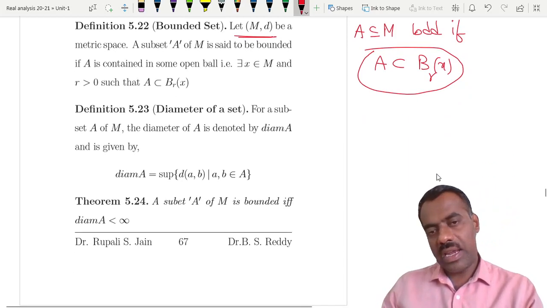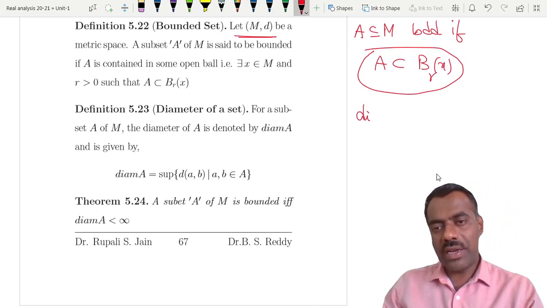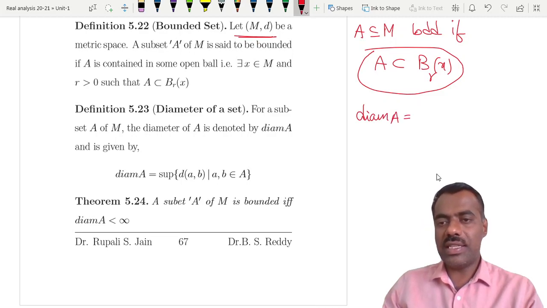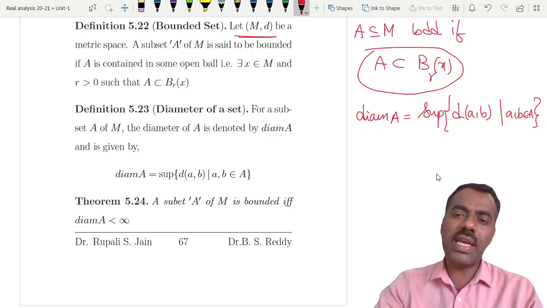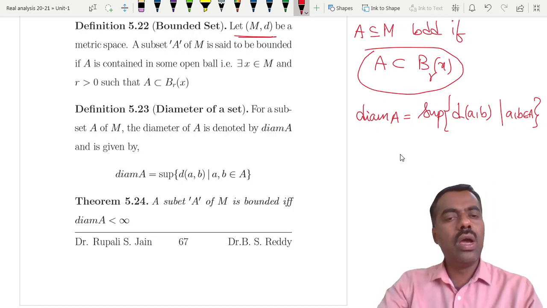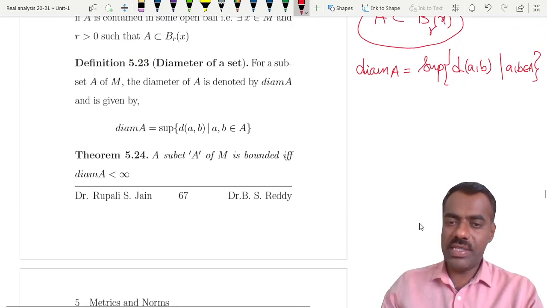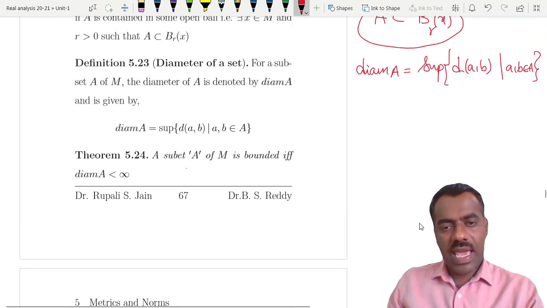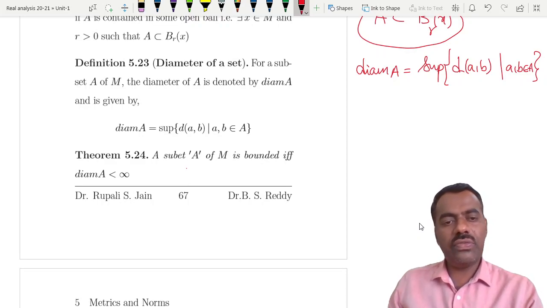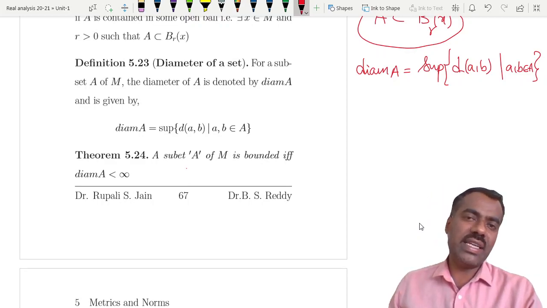And you can talk about the diameter of a set. As usual, you find all possible distances between points of that set, then take the supremum, and that we define as the diameter. As a result, you can easily prove that a set A is bounded if and only if the diameter of that set is finite.